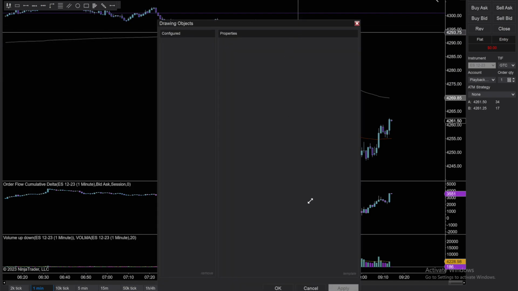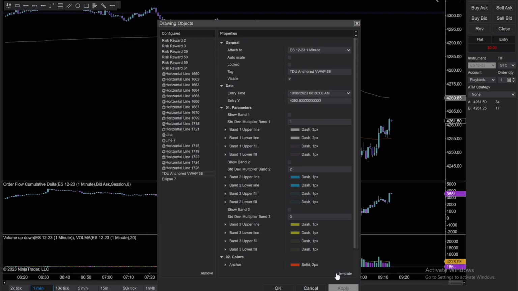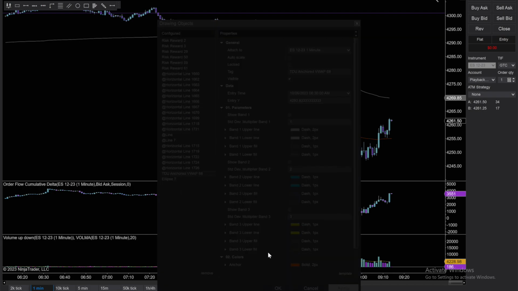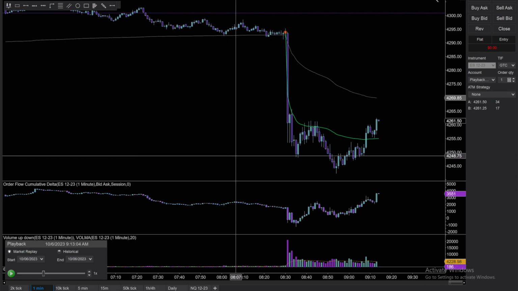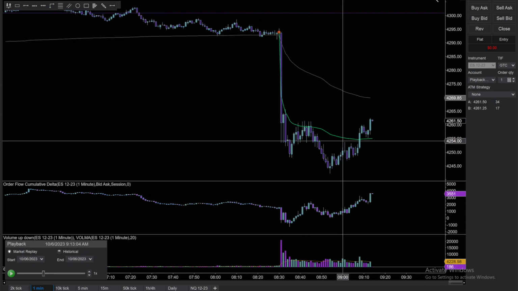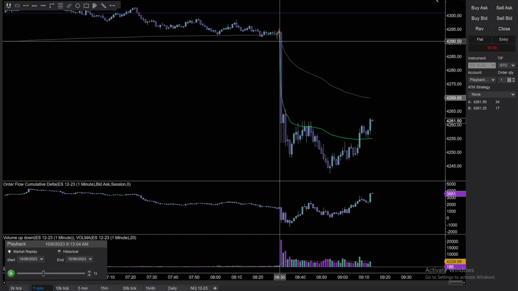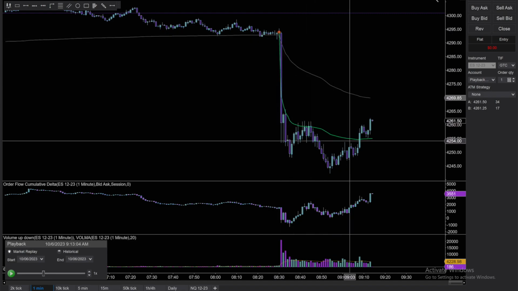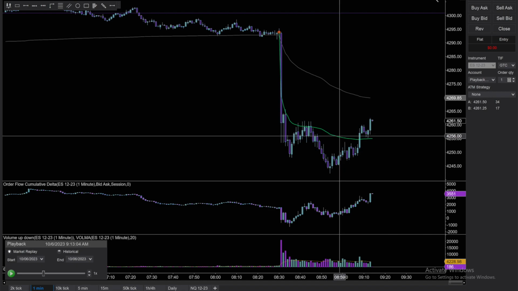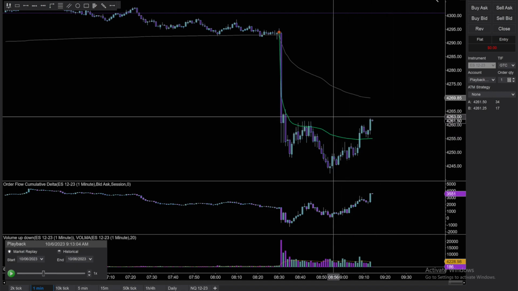I'll make this a little easier for you guys to see. This green line is our anchored VWAP from the moment of the news release. This is all we need to see.